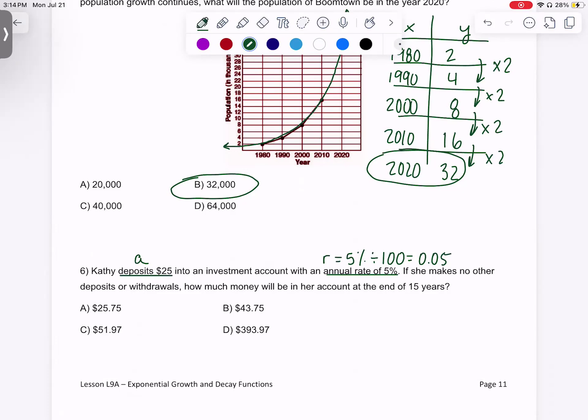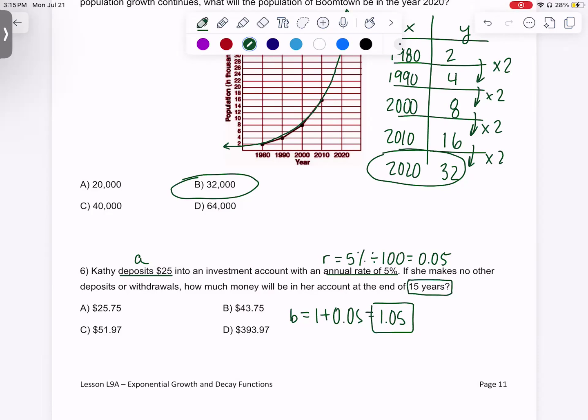This is her investment account. So she's earning 5% more every year. It's 100% plus 5%, 105%, or 1 plus 0.05. So B is 1 plus 0.05. A little differently than how we did it earlier, but either way, as long as you get 1.05, you're showing that she went up by 5% every year.